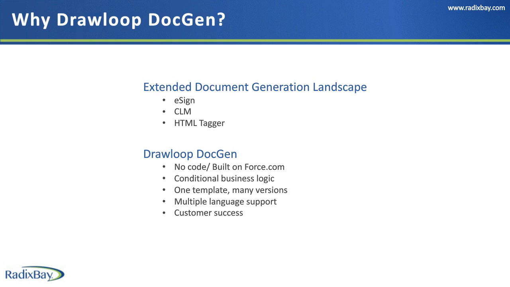Additionally, conditional business logic is typically important, meaning that there are certain requirements to create a document or logic for content within a document. A really timely example of this would be how the SBA, or Small Business Administration, uses Drawloop DocGen.